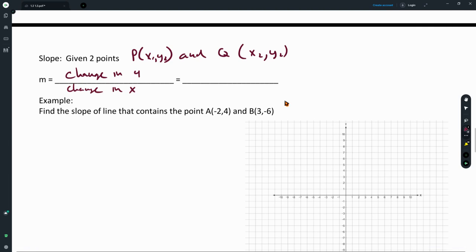So you have y2 minus y1 over x2 minus x1, and that gives you the value of the slope.